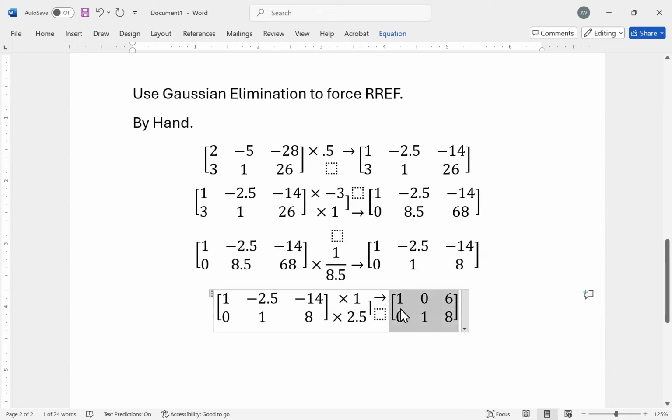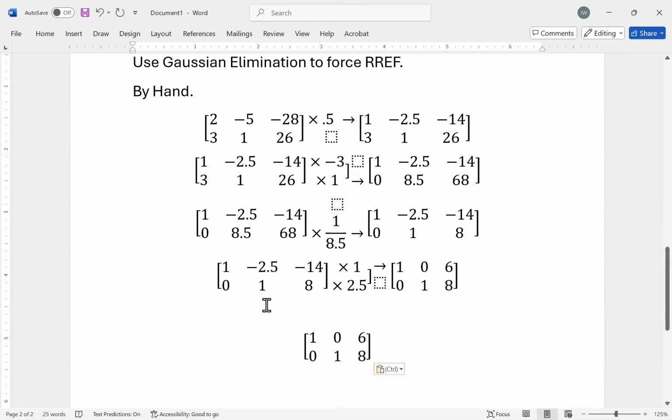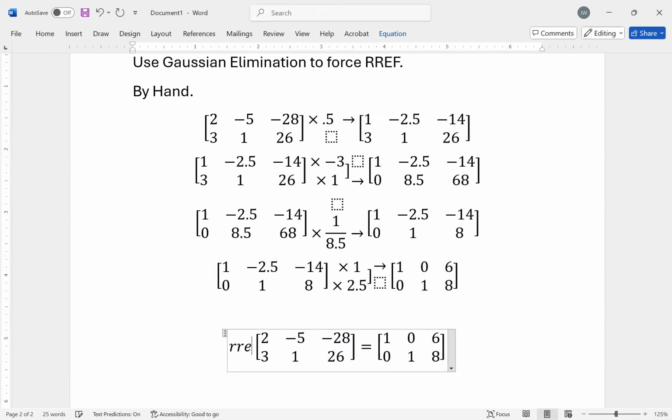So essentially what we're saying is that this matrix is the row reduced echelon form of my original matrix. Now these matrices are not equal. What I'm saying is that the row reduced echelon form of the first matrix is this.